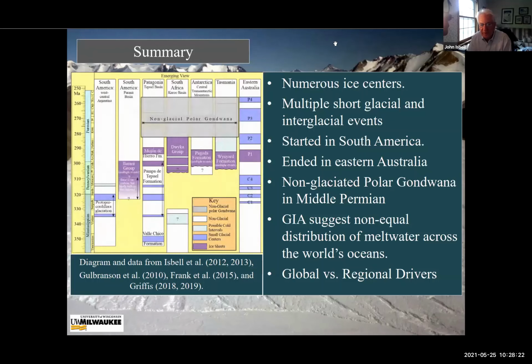I think the only place that we could possibly have evidence was Eastern Australia, but in polar Gondwana, there's an abundance of plants. There's no evidence for ice damage in any of those plants when you're looking at the mid and late Permian. There's just no evidence for glaciation at that time in polar Gondwana.